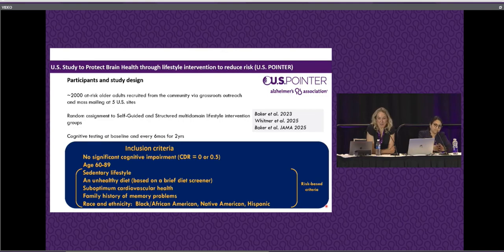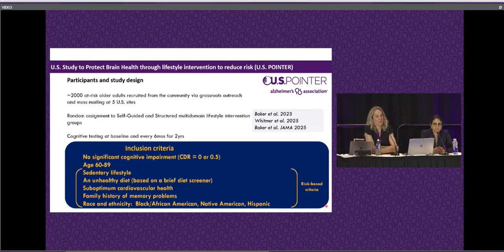We have many of the pointer trial leads in the audience today, and just as a quick overview, the JAMA paper reporting the successful results came out yesterday. There are other papers that cover the study design and the baseline characteristics of the pointer cohort.